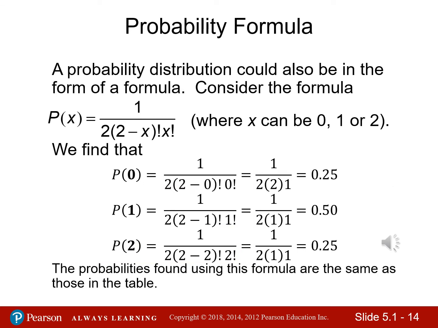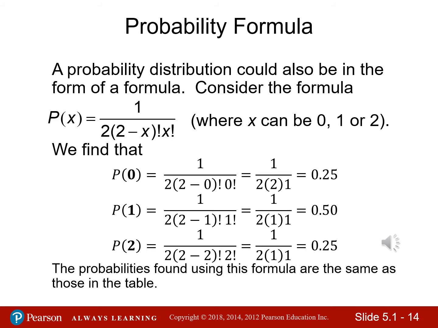A probability distribution could also be in the form of a formula. Let's consider the formula: the probability of x is equal to 1 over 2 times (2 minus 1) factorial times x factorial, where x can be either 0, 1, or 2.